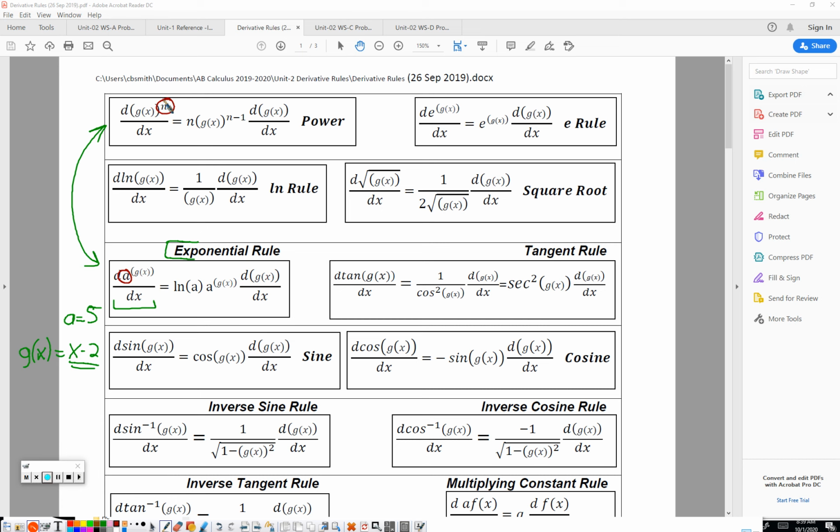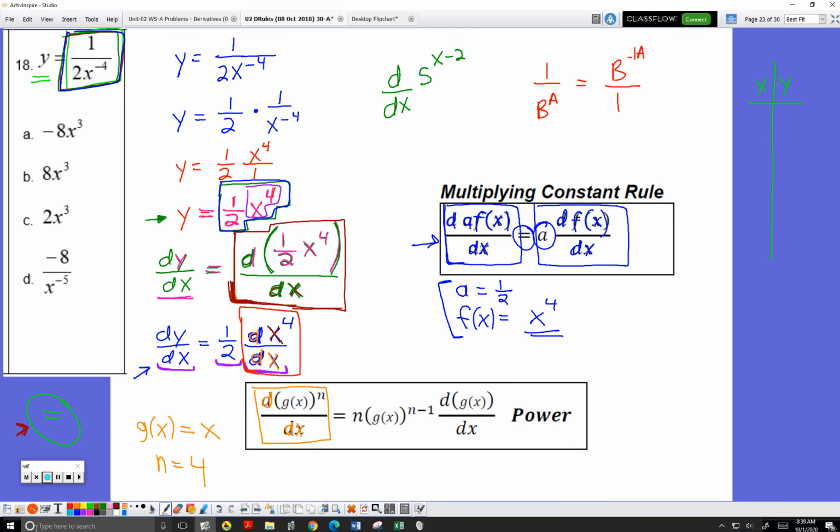Perfect. Anybody else? Awesome. So come back here. Way too many buttons on the board now. So I'm going to use the power rule. Here's what I know I need to use to make my substitution. So again, you just use the equal sign and make an equivalent replacement, like that.